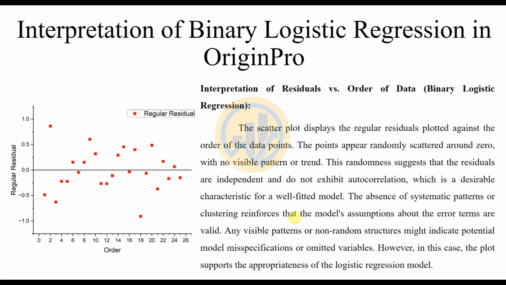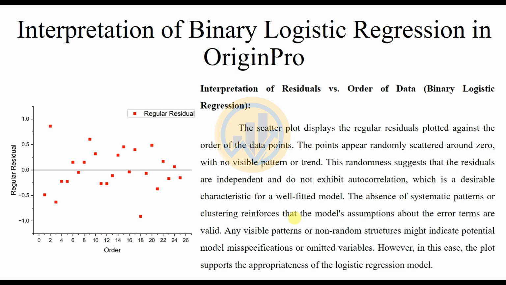The next graph is for the interpretation of residuals versus the order of the data in binary logistic regression in OriginPro. The scatter plot displays the residuals plotted against the order of the data points. The points appear randomly scattered around zero with no visible patterns or trends. This randomness suggests that the residuals are independent and do not exhibit autocorrelation, which is a desirable characteristic for a well-fitted model.